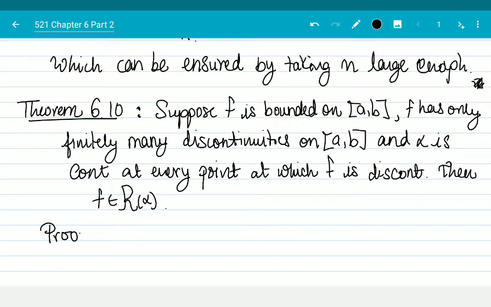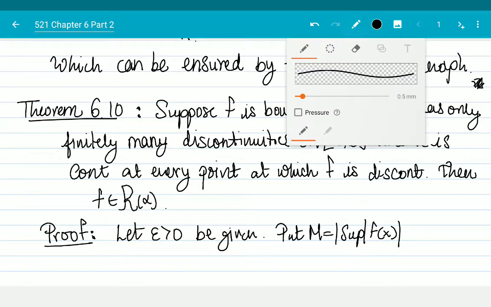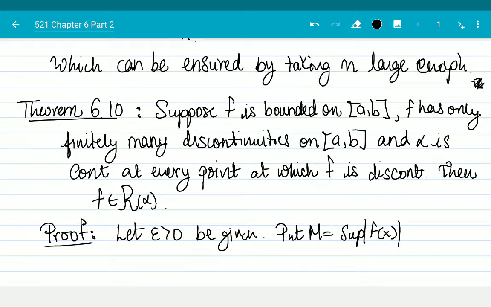Proof? As usual, let epsilon greater than 0 be given. Since my function is bounded, let M be the supremum of |f(x)|.